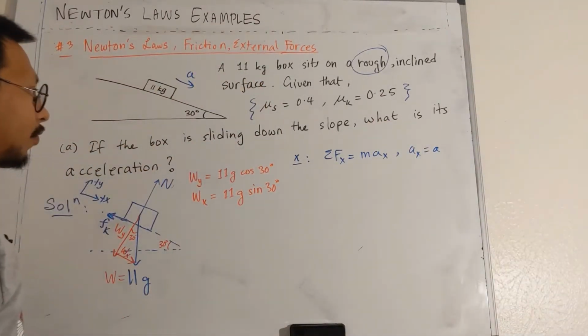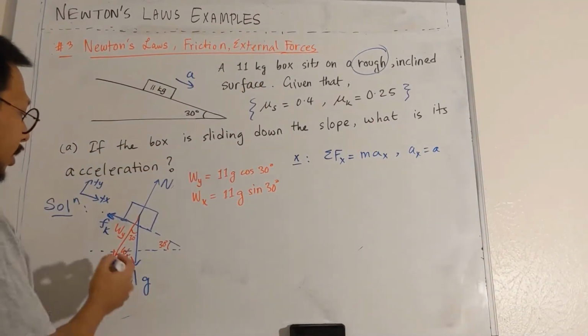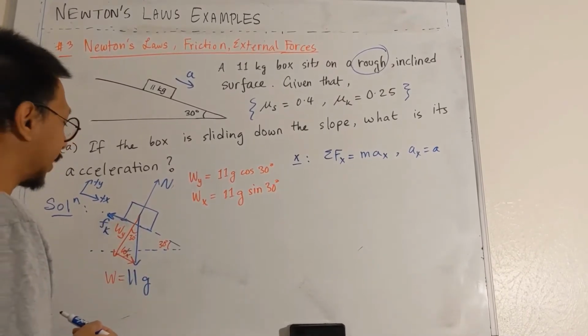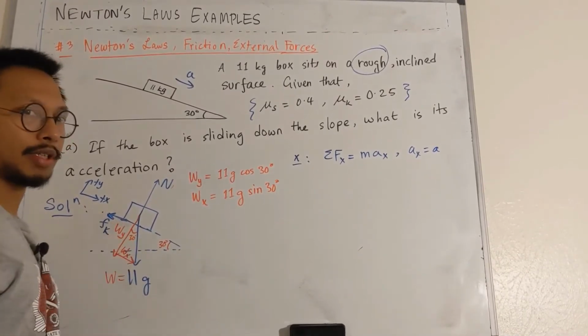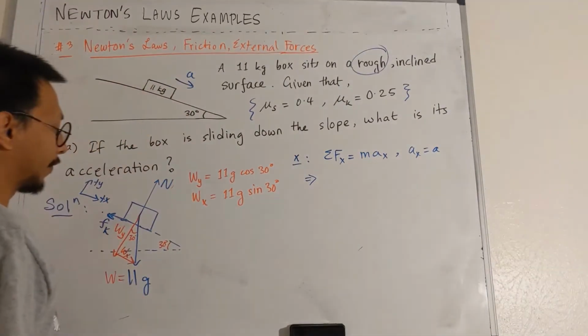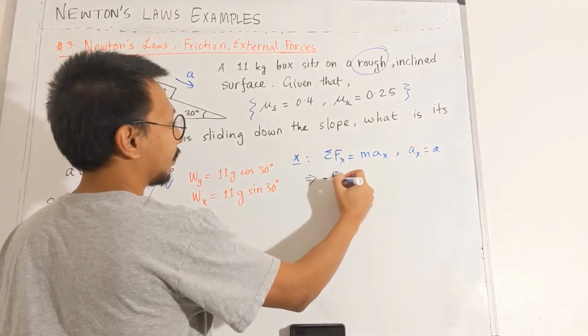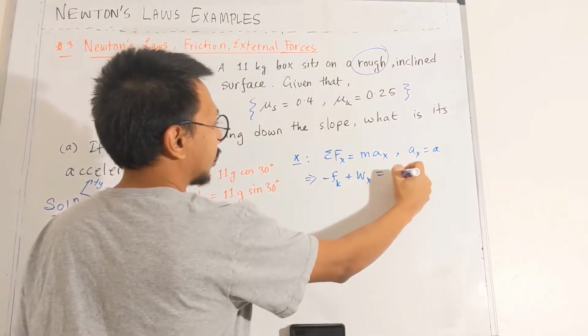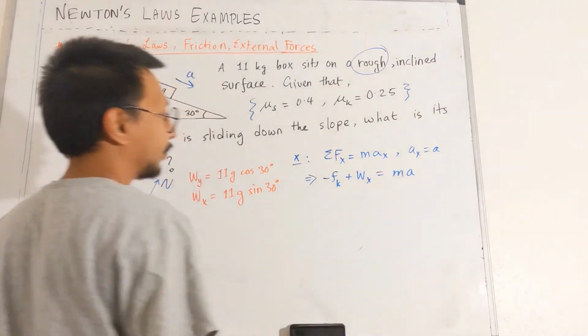And let's sum the forces in the x direction. What are the forces? We have Fk pointing in the negative x direction, while Wx pointing in the positive x direction. Hence, we have a negative Fk plus a positive Wx equals m times a.